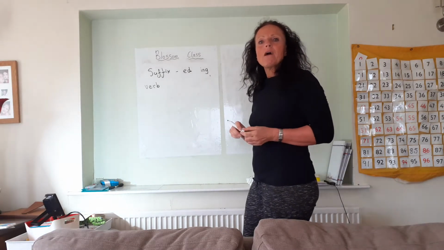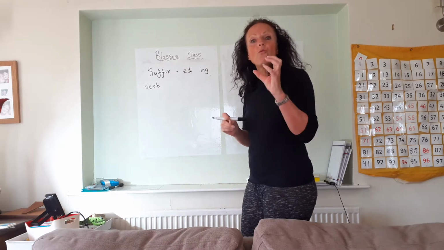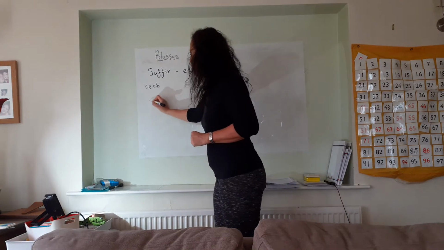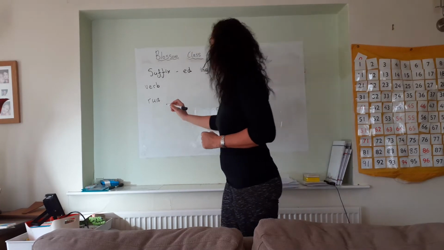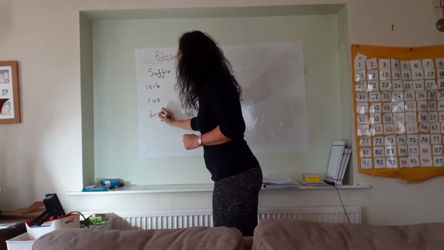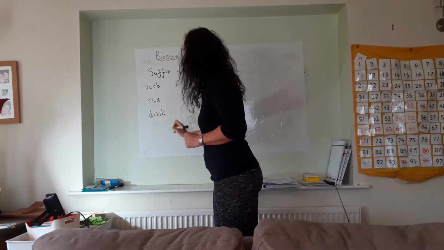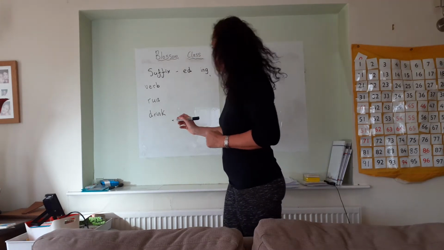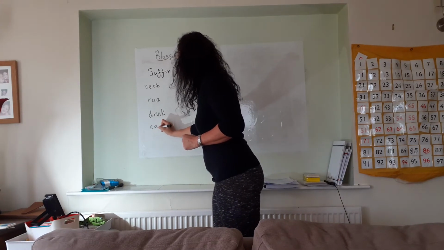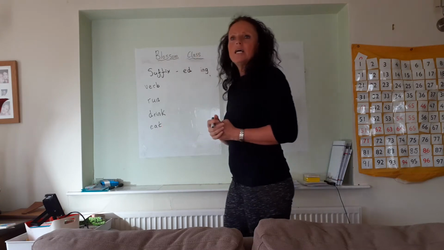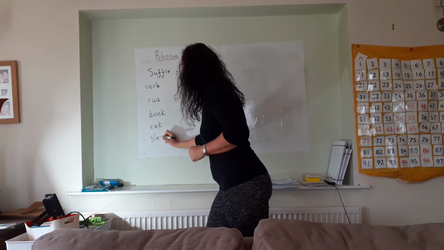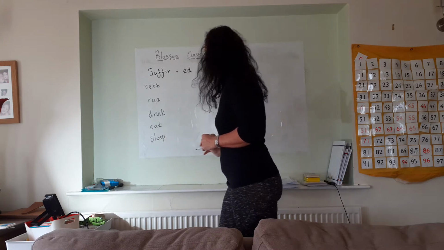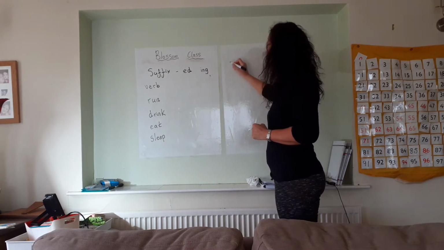Now, when we're thinking about a verb, we think about the root word. So let's have a think. So let's have to run, to drink, to eat, sleep. Let's do a few more. Wave.